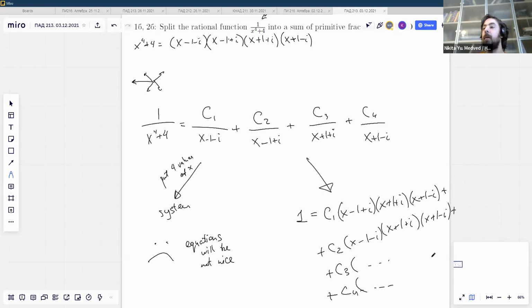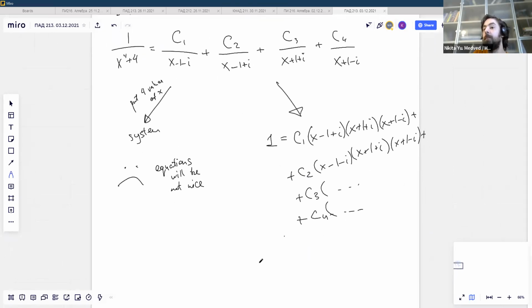And again, there are two ways to solve this. One way is to open the brackets and compare the coefficients. Indeed, here you will have some coefficient before x cubed, for example.